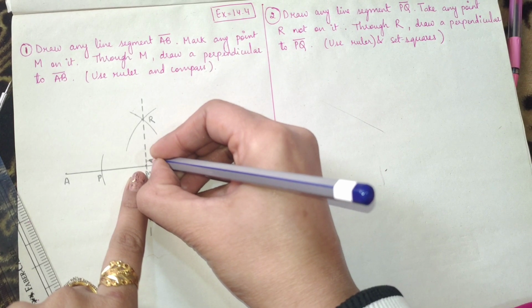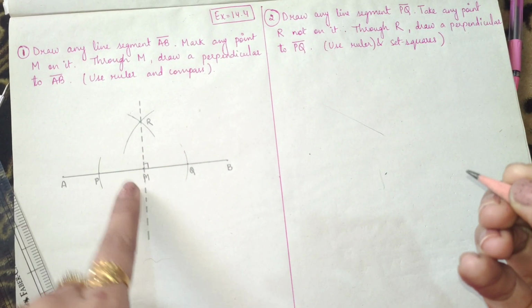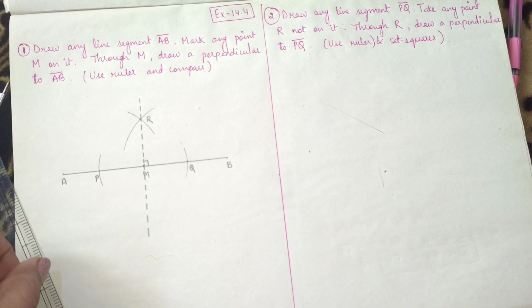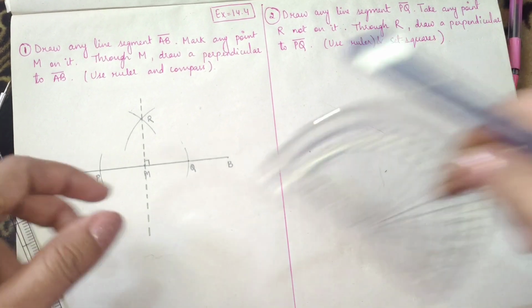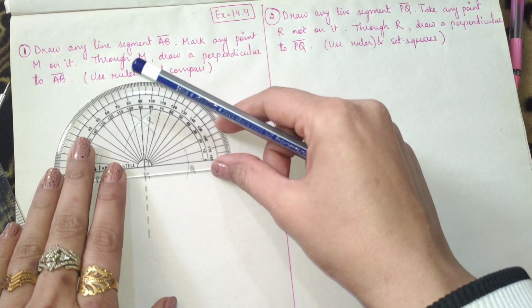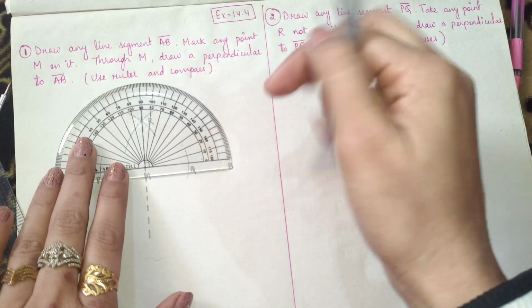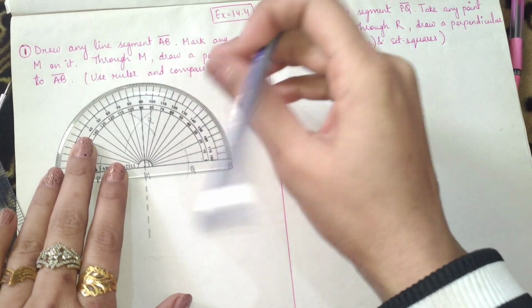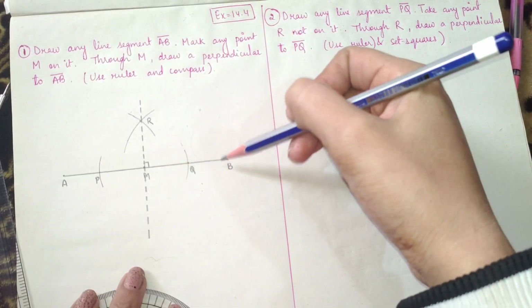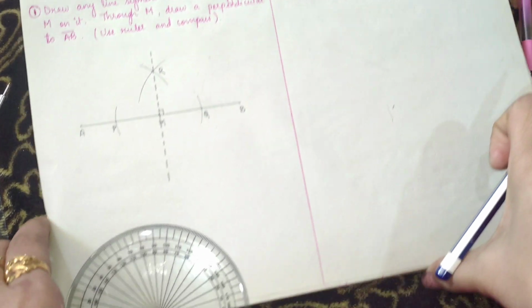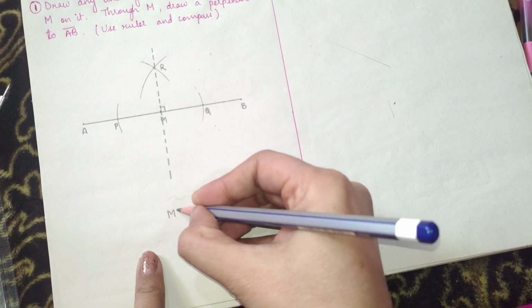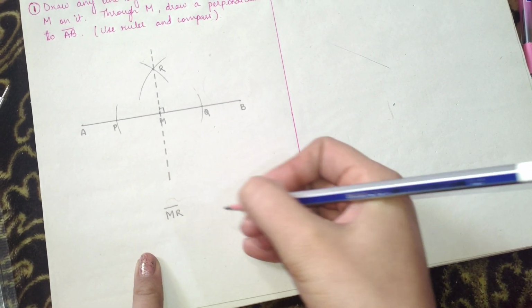This sign here is the sign of 90 degrees, or you can say perpendicular line. You can measure it with a protractor to check if it's 90 or not. As you can see, it's clearly 90 degrees. So you have drawn a line RM which is perpendicular to AB. You can write MR or RM, you can use anything.